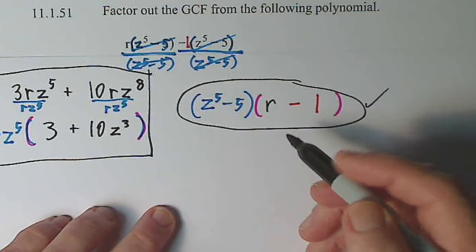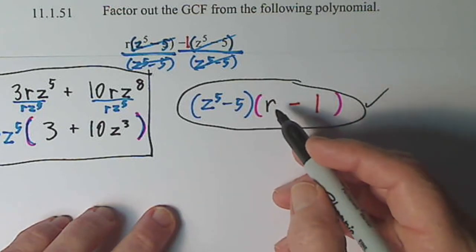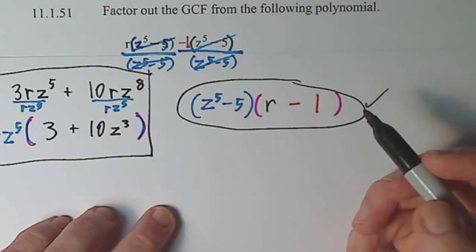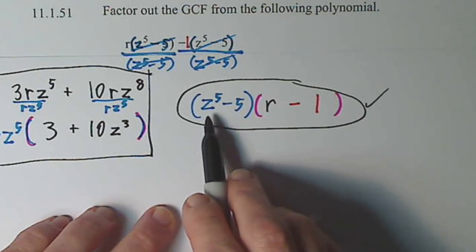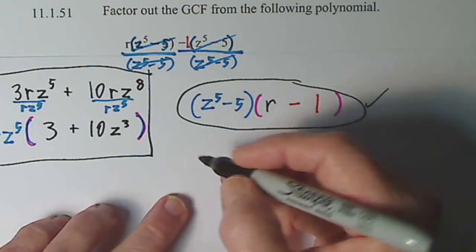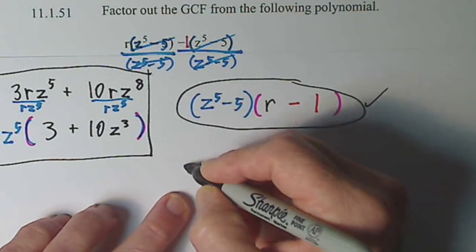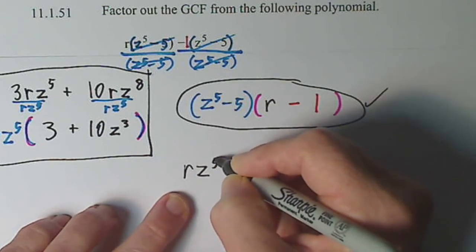z to the 5th times r. If I use FOIL or just any method where I send each term to each term inside parentheses, I would have rz to the 5th, right?